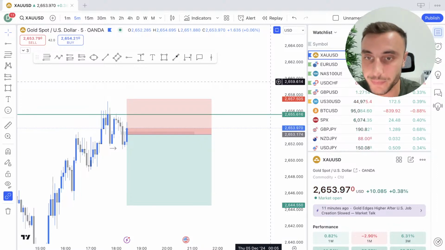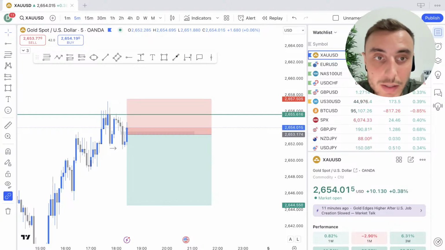Okay, let's see. Let's see how this trade will go.